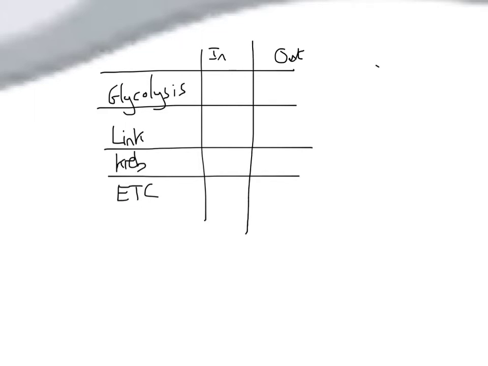So if we look at what goes into glycolysis, we have 2 ATP going in, and coming out we have 4 ATP and 2 NADH. Okay, in the link reaction, going in, nothing really to speak of. Coming out, we have 2 NADH and 2 CO2.